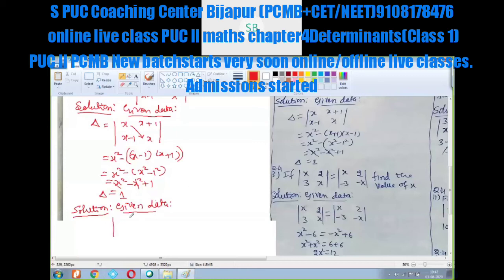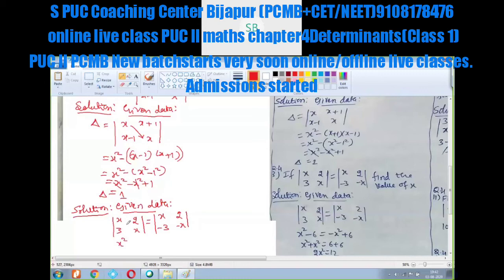First you can write the determinant x, next 2 here, 3, x, which is equal to, next determinant is x, 2, next is minus 3, minus x. You carry on this similar to the previous procedure. x into x, what is it? x square.